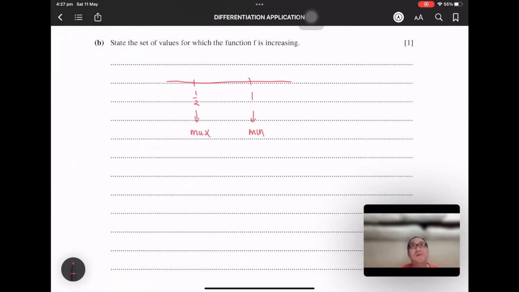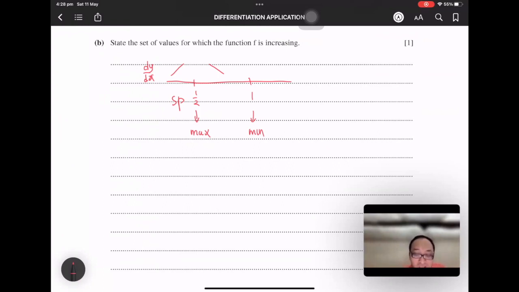So the maximum point means the gradient before the stationary point, half is the stationary point, yeah? So this is the number line of the gradient. The gradient before the maximum point is positive because it's an increasing function. And then after the stationary point, it will be decreasing function.